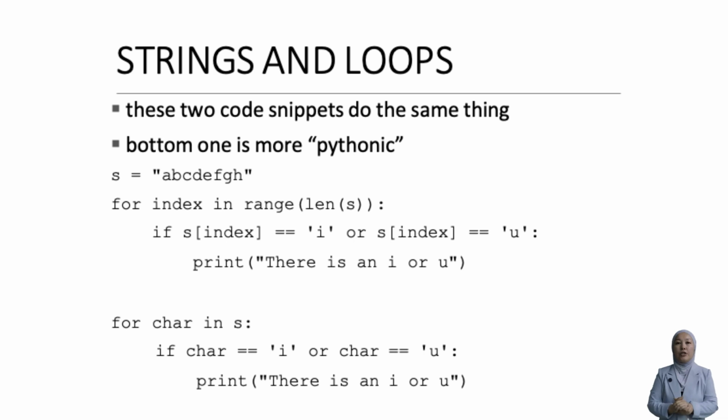The second approach is direct iteration, for char in s. Here, char is directly bound to each character. This is more Pythonic, it's clearer, more concise, and directly expresses the intent: do something with each character. Unless you need the index, this is the preferred style. It reduces cognitive load and potential for off-by-one errors.